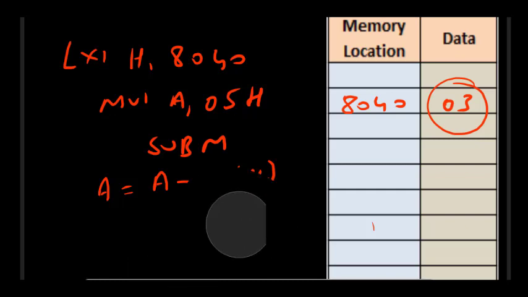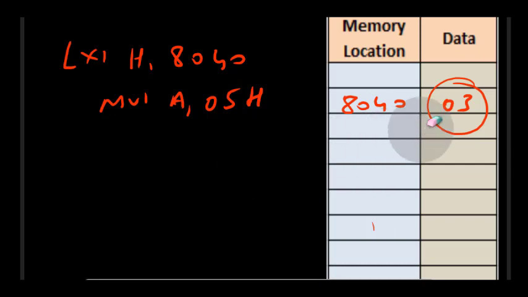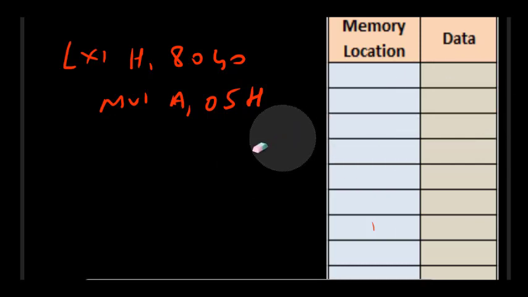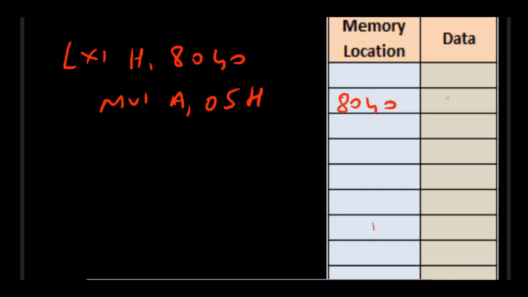Now after this there are some more instructions, but I will just show some logic instructions. Suppose 8040 contains, let us take some different data, suppose it contains 29.